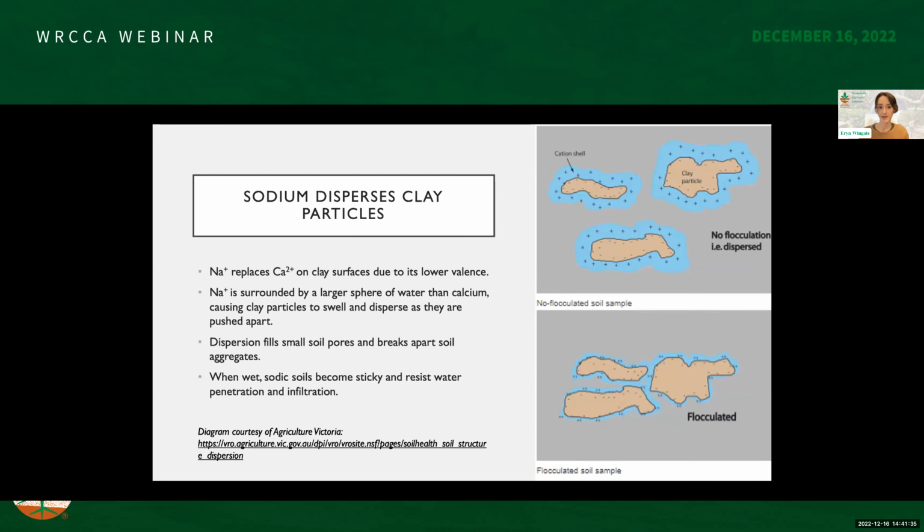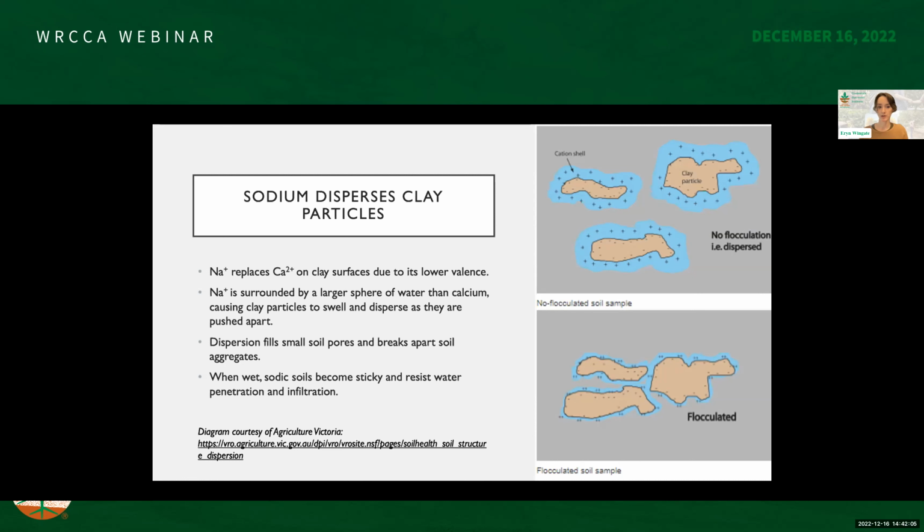And as they're pushed apart, they're swelling and dispersing, destroying the aggregates. And so you lose that flocculation. Calcium has a much smaller shell of water around it, and it allows the soil to remain in those nice aggregates that you want, that create the pore space to let water move through the soil evenly and still allow water to get in and air to get in.